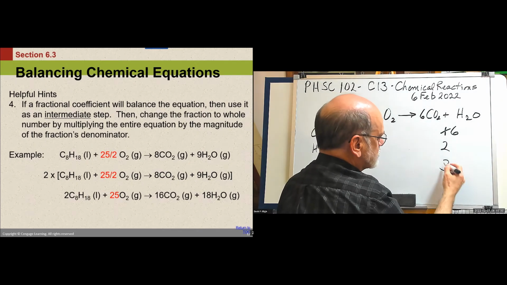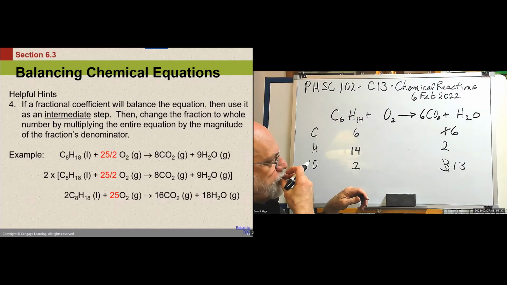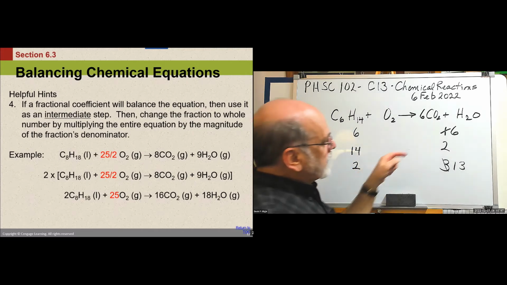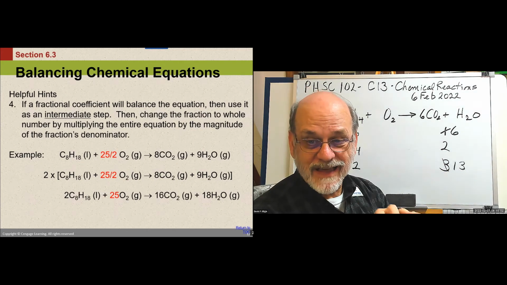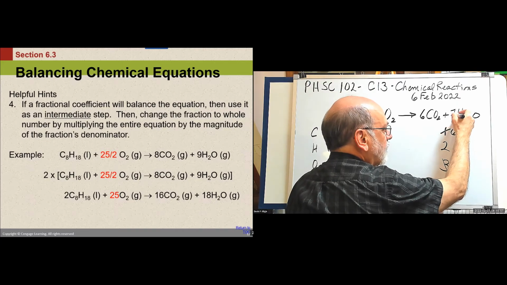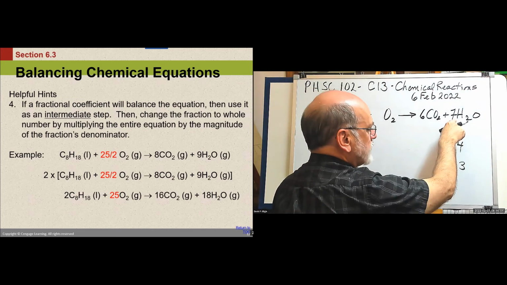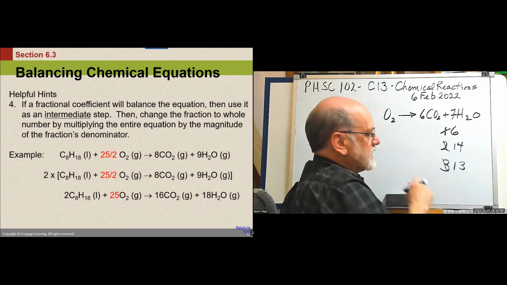So we have 13 oxygens on this side. Okay, how about hydrogens? Well, we've got 14 hydrogens here, and we only have 2 on that side. So if we multiply that one by 7, that will give us 14 hydrogens. We're good there. But it also gives us a change in oxygens. 12 plus 7 is 19.